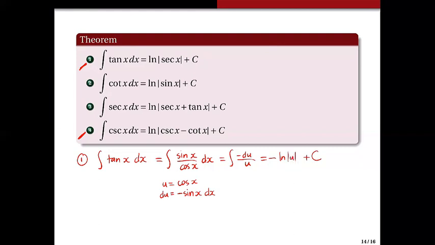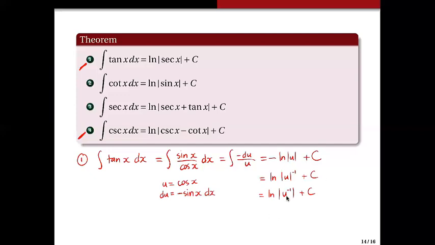So this is ln absolute value of u raised to negative 1 plus c. And then you can bring this exponent negative 1 inside the absolute value.